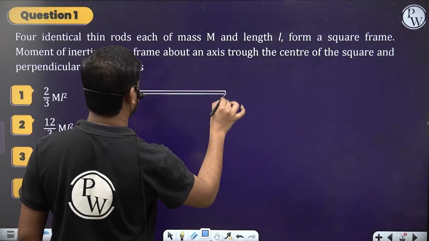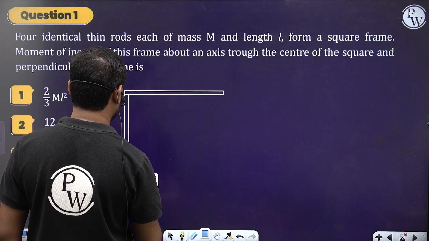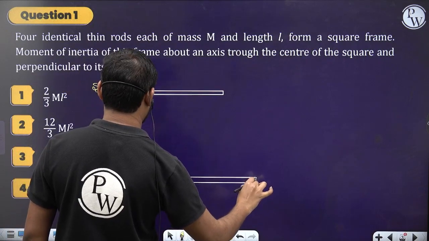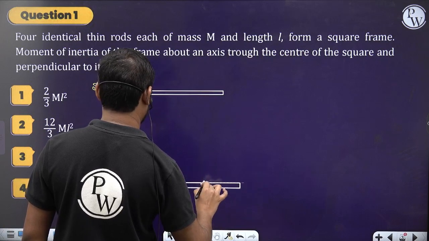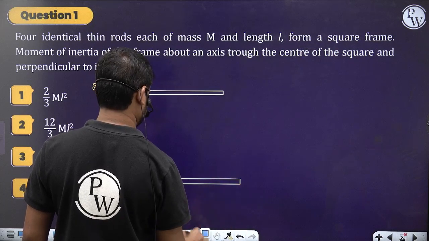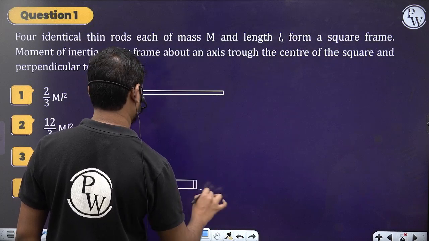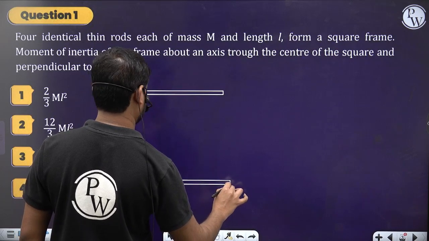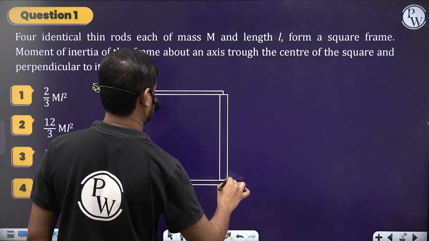Consider this is one rod, and then one more rod, and then one more rod, and then one more rod.